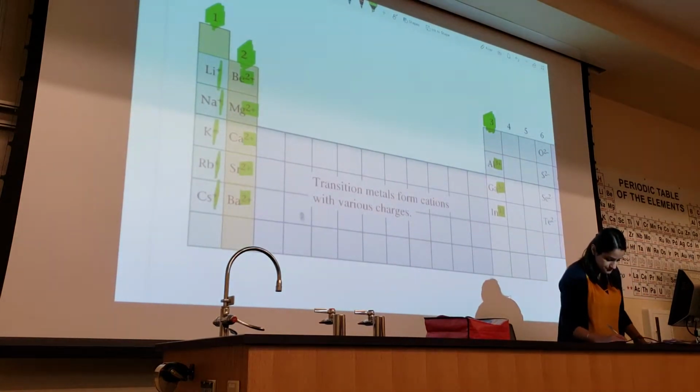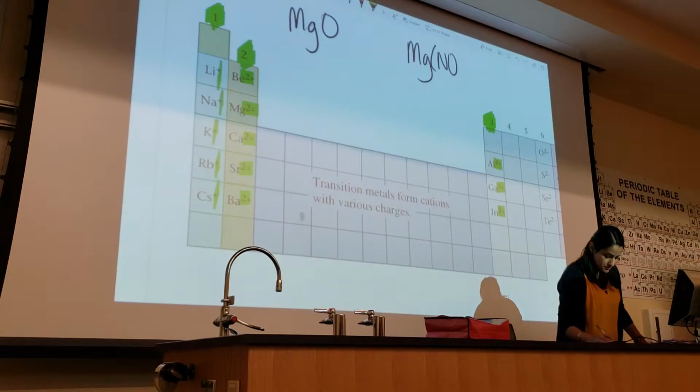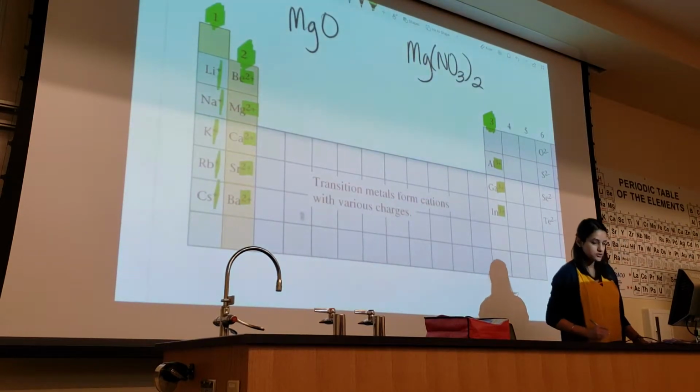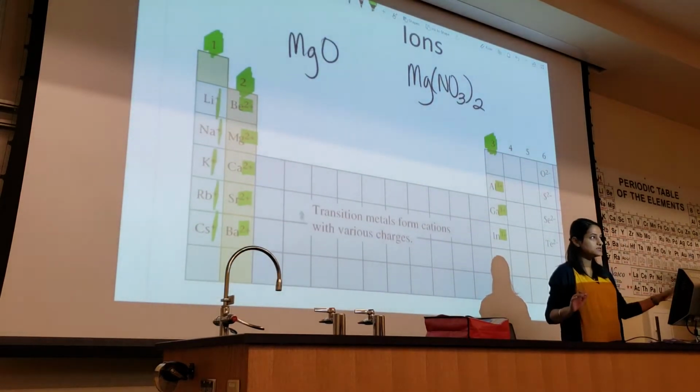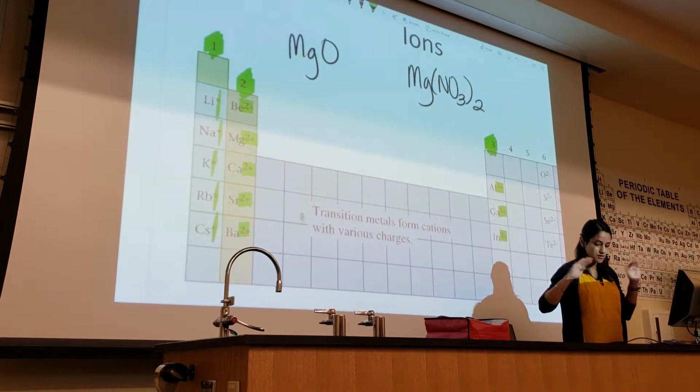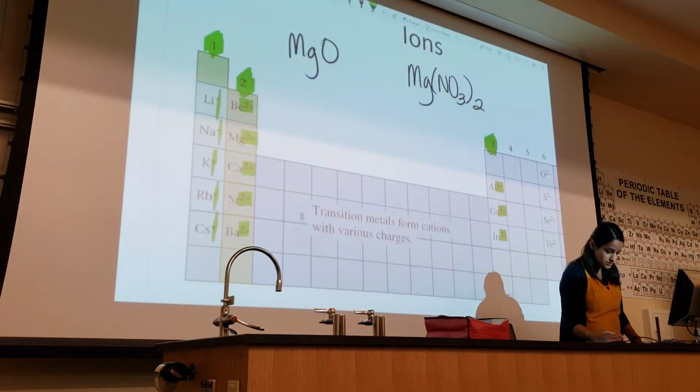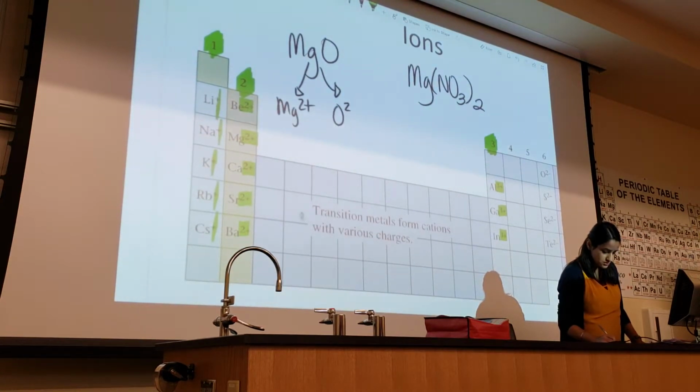Example, you had magnesium oxide, you had magnesium nitrate. So it's magnesium in both compounds, but they're different. If I look at their charge, notice magnesium likes to form a +2.